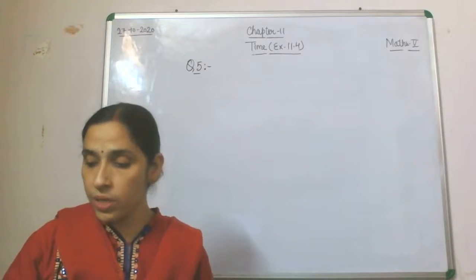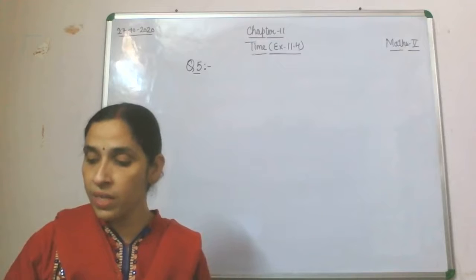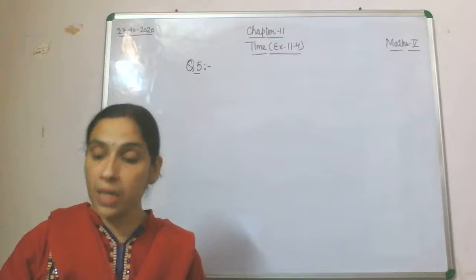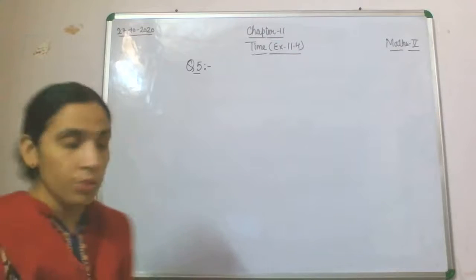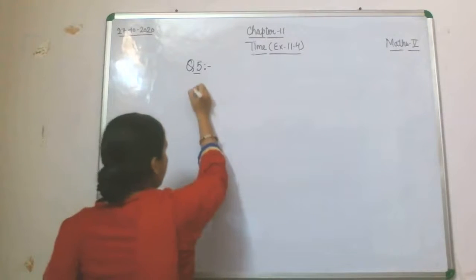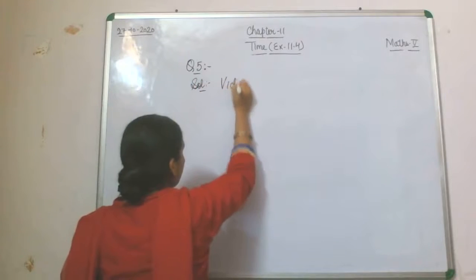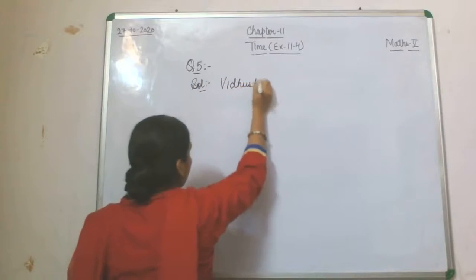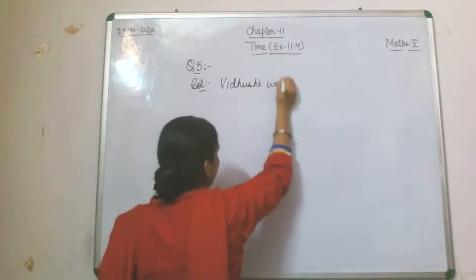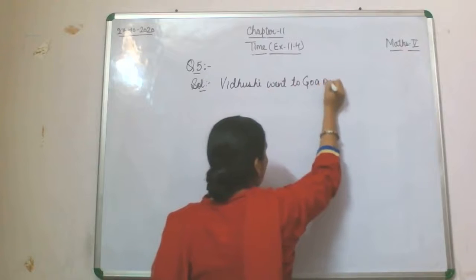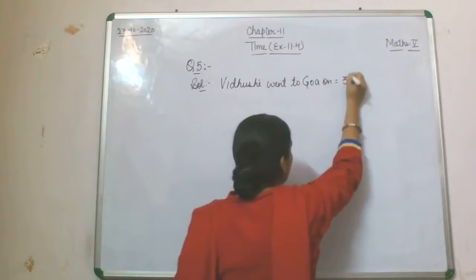So now here, what is the first one? Vidushi went on a tour to Goa. She started her tour on 3rd January. So the first statement will be: Vidushi went to Goa on 3rd January.